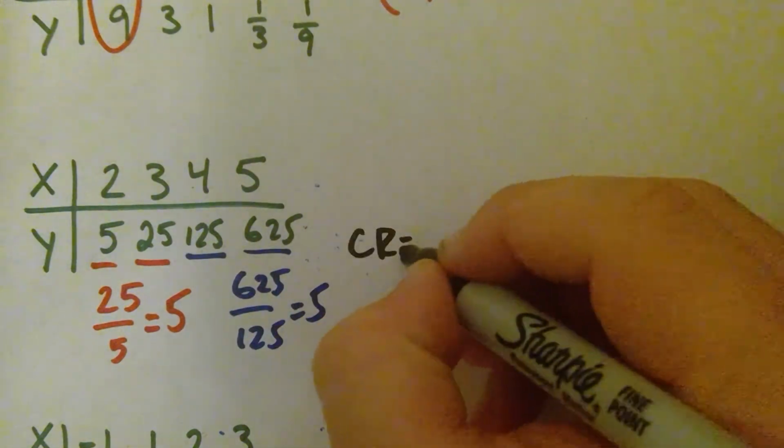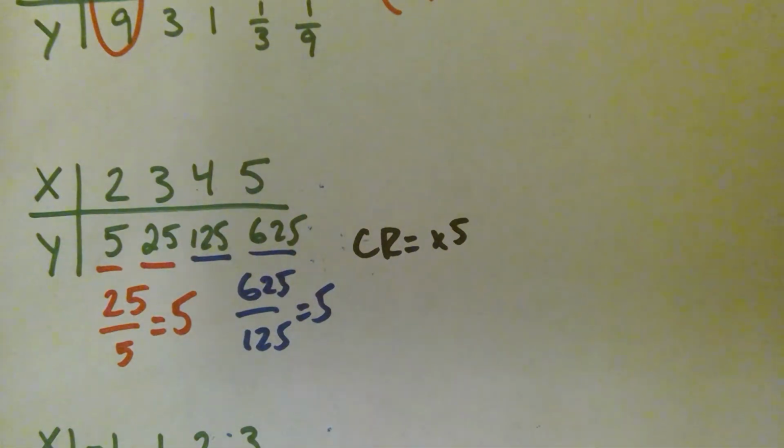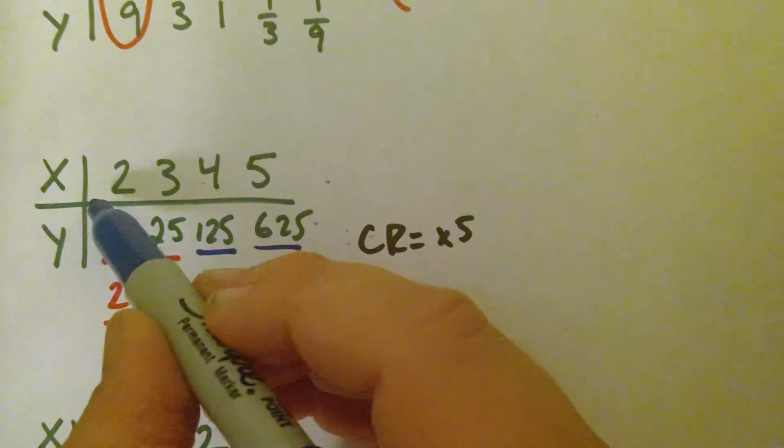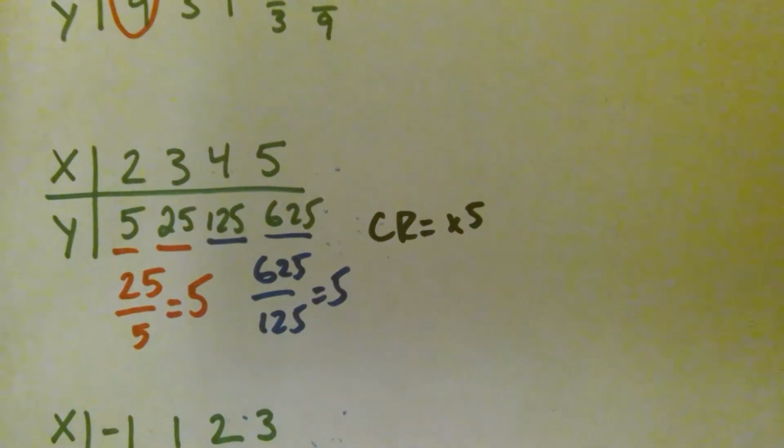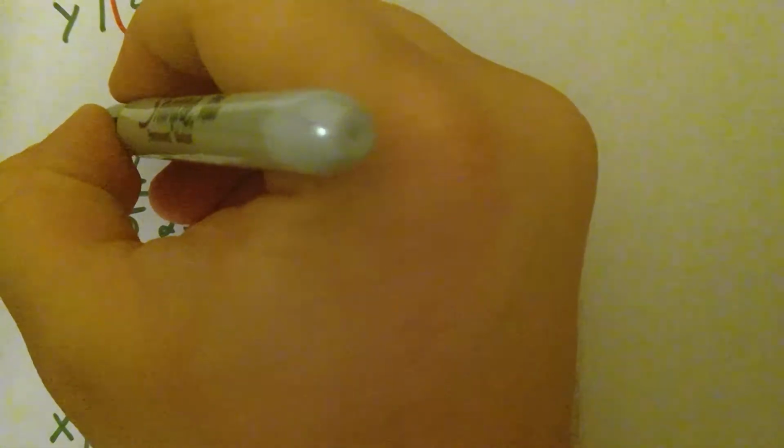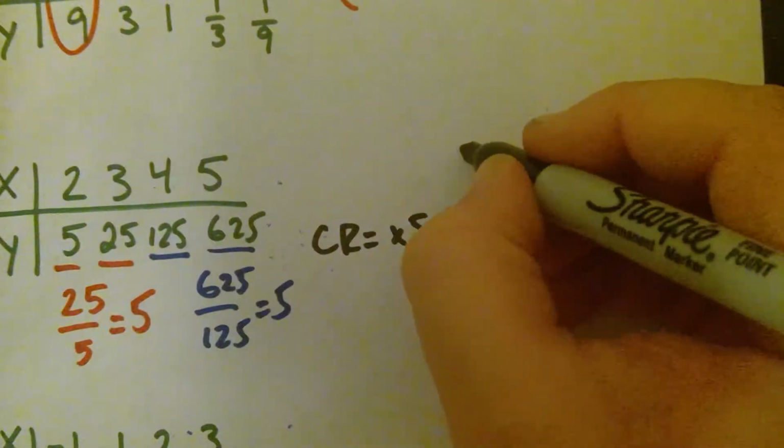So the common ratio is times 5. Now, the tricky part here is that we need to go backwards. We need to figure out what 1 and 0 are. So I'm going to go ahead and write those in our table.